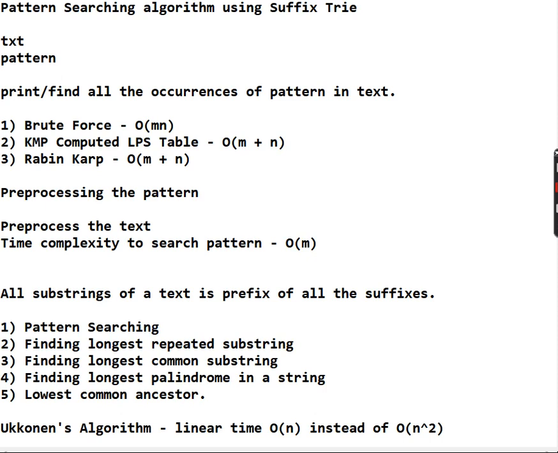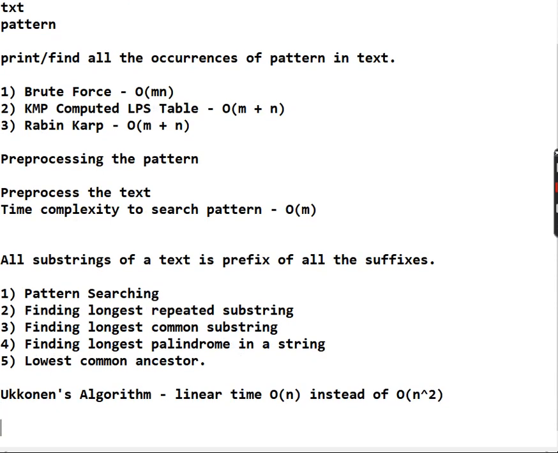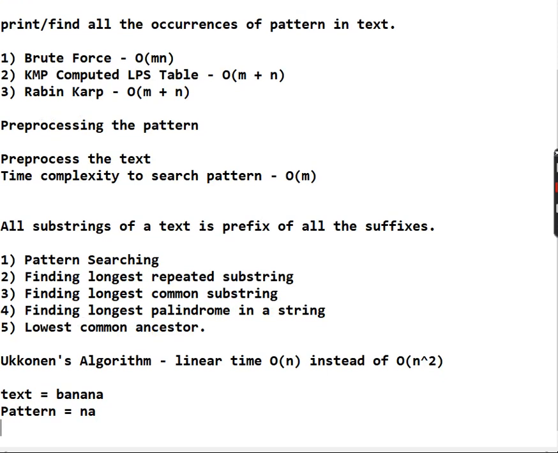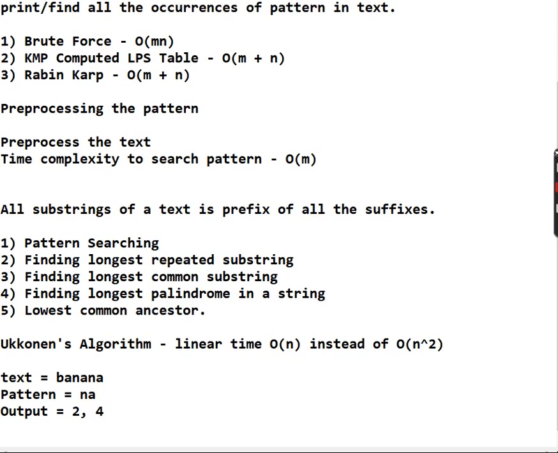Let's take one example. We are given a text which is BANANA, and the pattern we are given is NA. The output that we are expecting is that NA occurs in this text at index 2 and 4. So that's what we need.